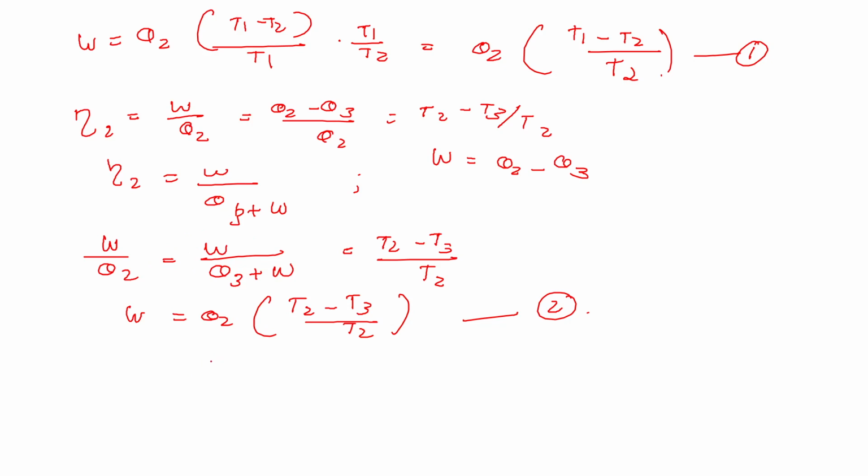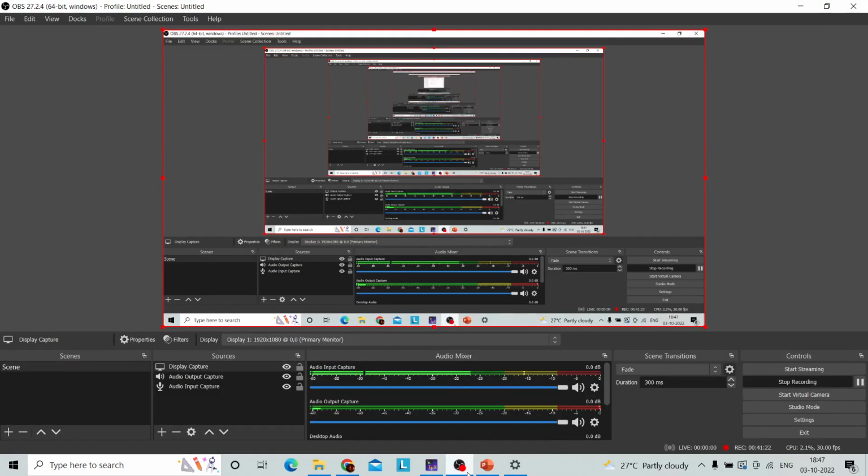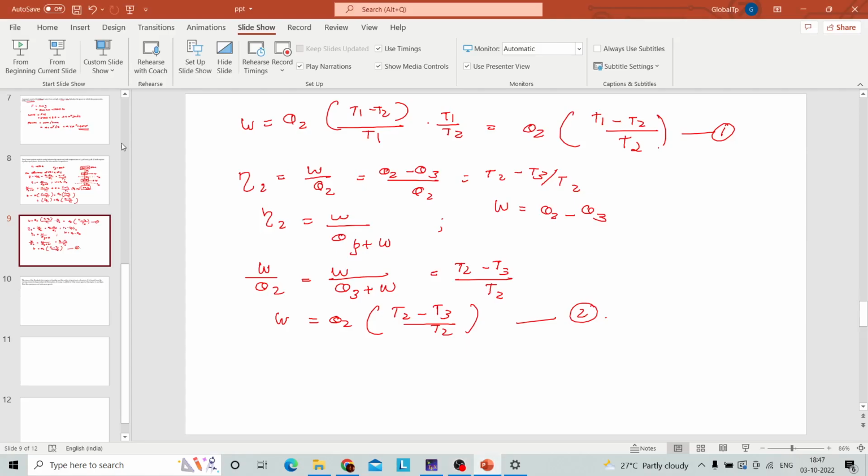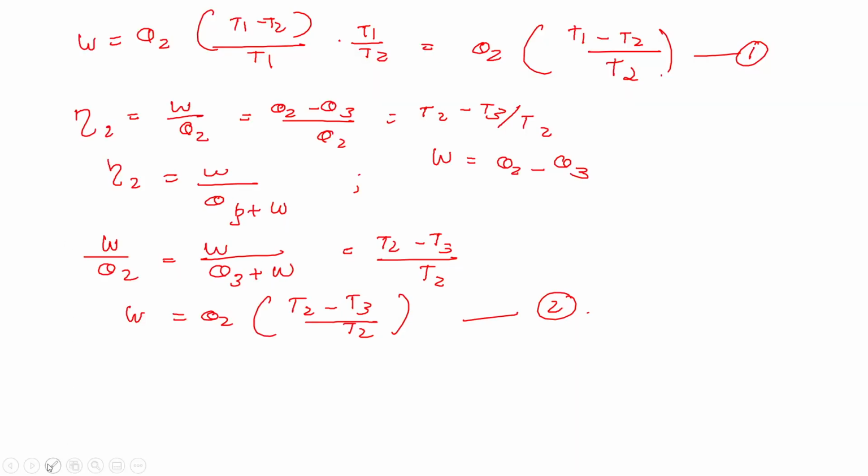So now from equation 1 and 2 we can equate because the powers are equal. So Q2 times (T1 minus T2) divided by T2 is equal to Q2 times (T2 minus T3) divided by T2.